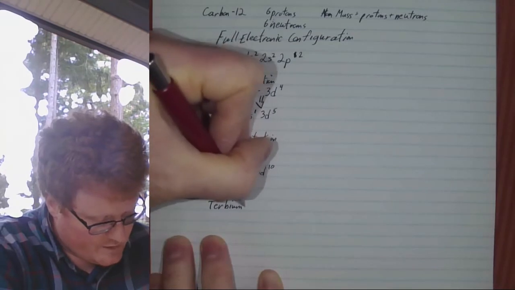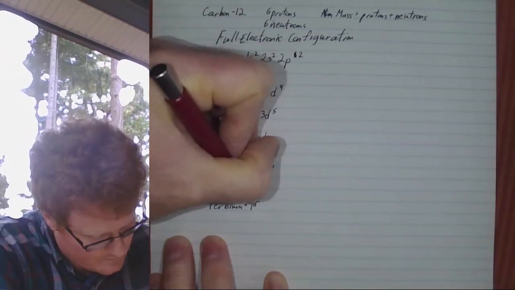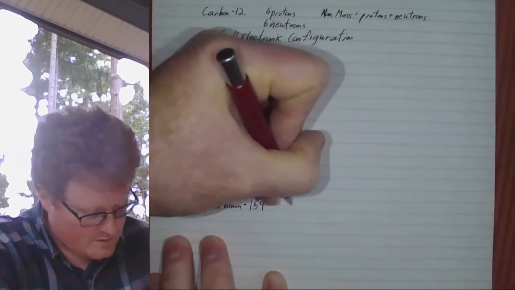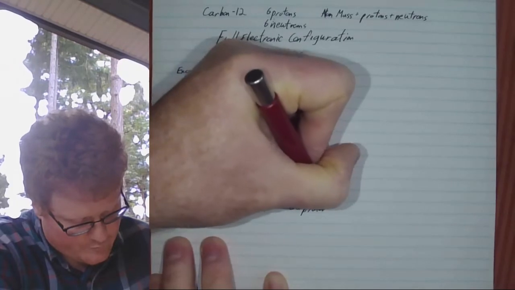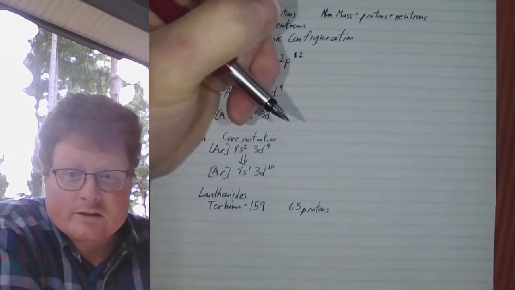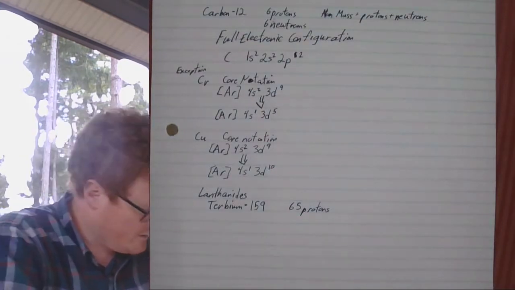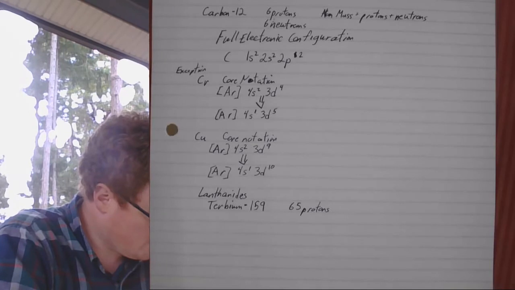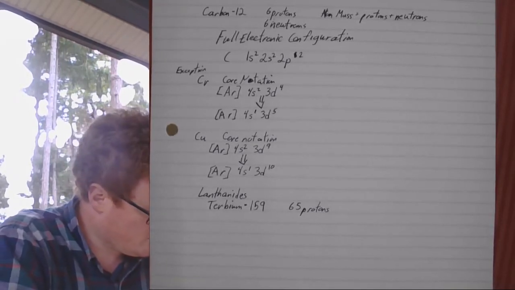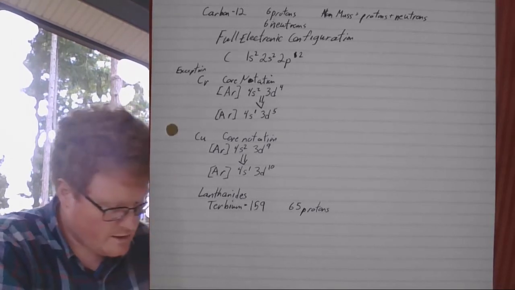It's number 65. It has a mass of, I'm going to use 159. So it has 65 protons, which means it would have 65 electrons. And if I do 159 minus 65, that's 94 neutrons.